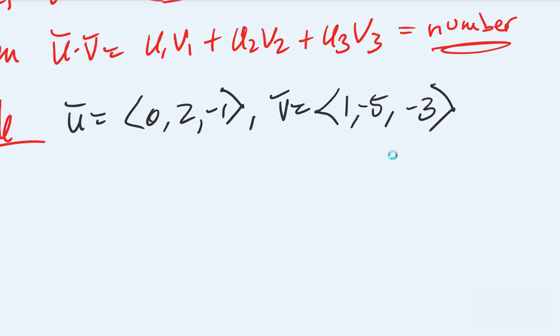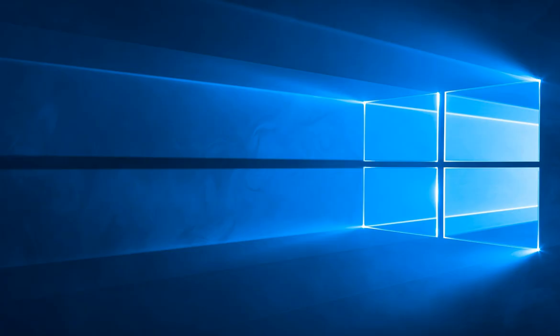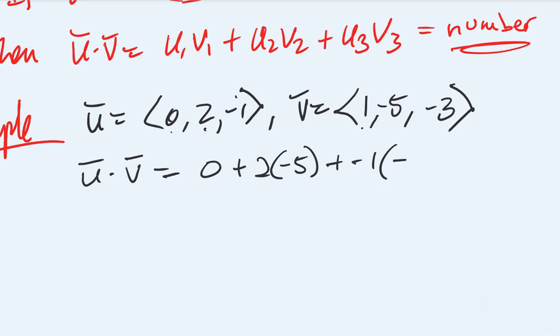All right, so u dotted with v is going to be 0 times 1 is 0, plus 2 times -5, plus this -1 times -3. So then what do we got here?